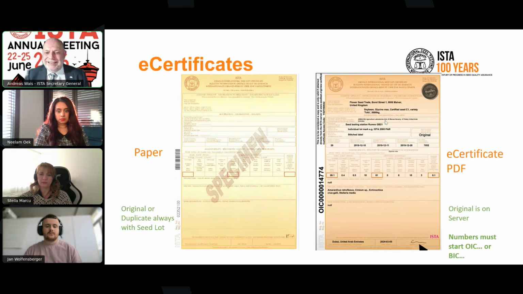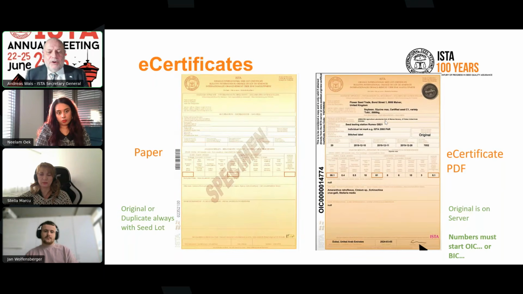You can add them, and the OIC number or BIC number and the access code stay the same for your client. So if the shipment reaches its destination, it could be that the person who is looking at the e-certificate inside the system is just displaying the original, so with all new information up to date.